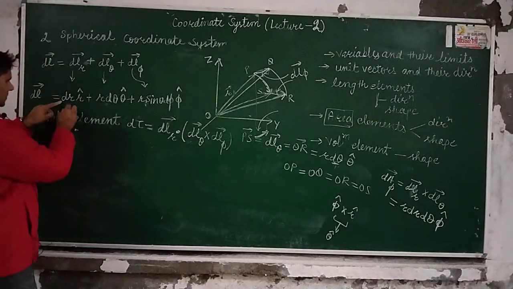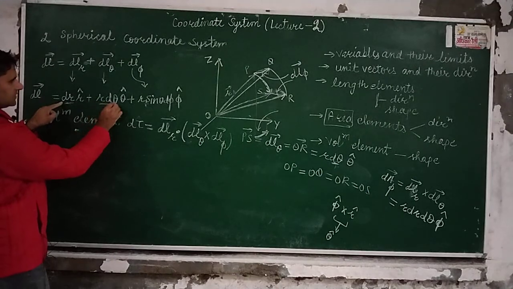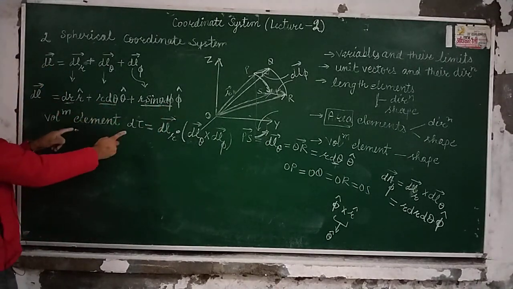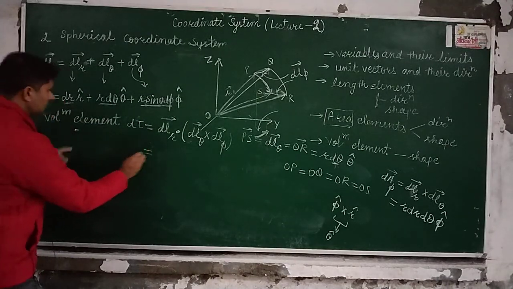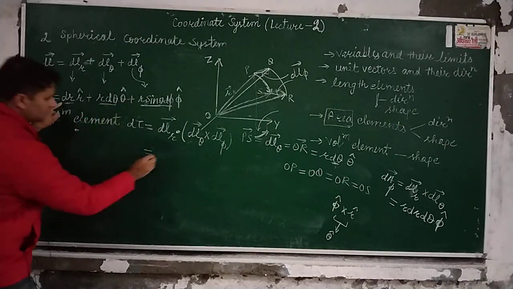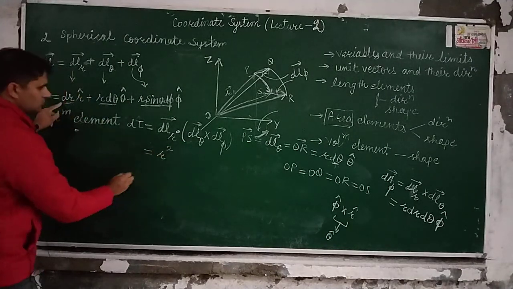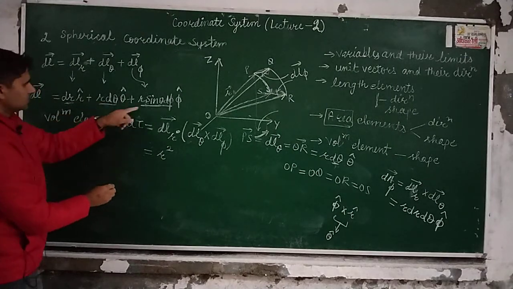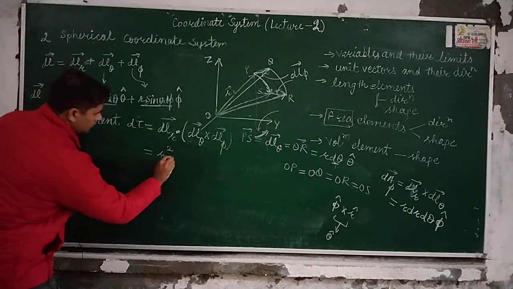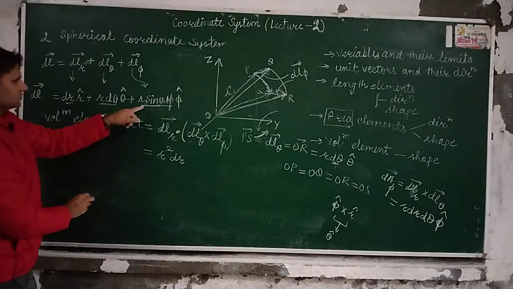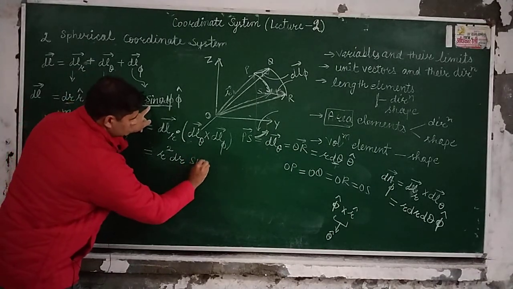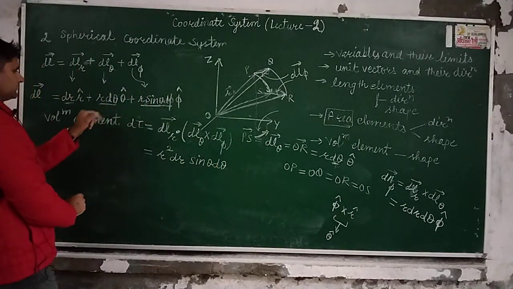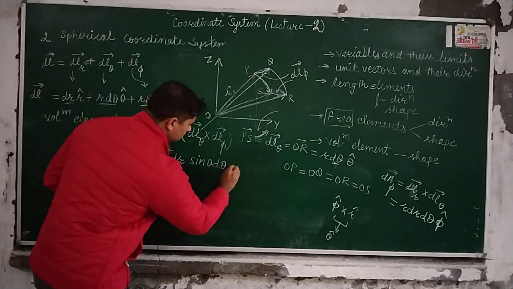Here you see we have dr, we have r d theta and r sin theta d phi. These are the magnitudes of the length elements, so we can collect them and we will get r into r, that is r square, then we have its variable dr, then sin theta into its variable d theta, and then d phi.